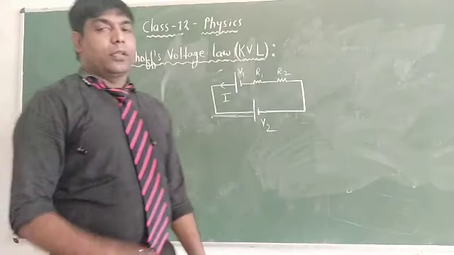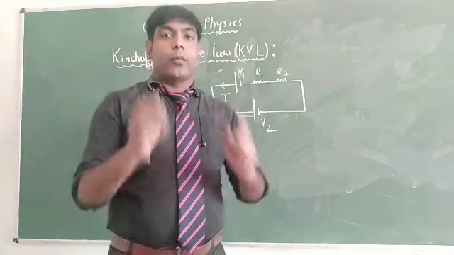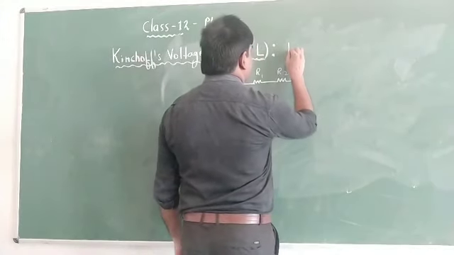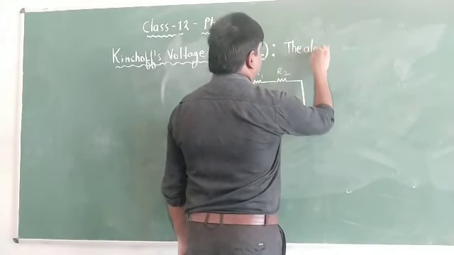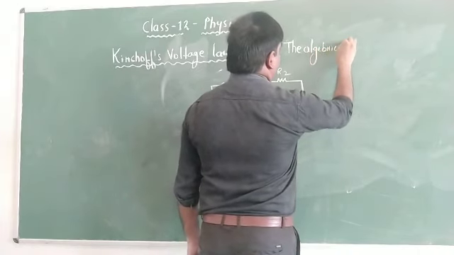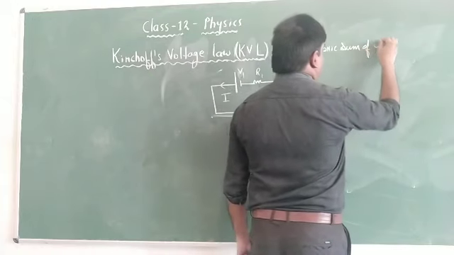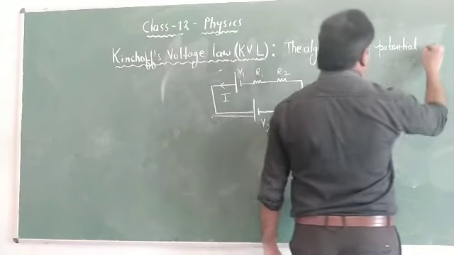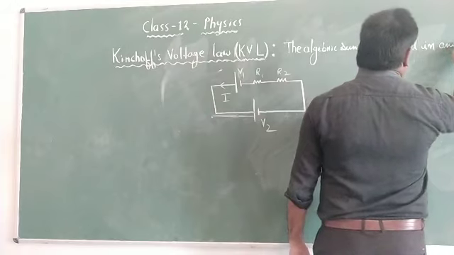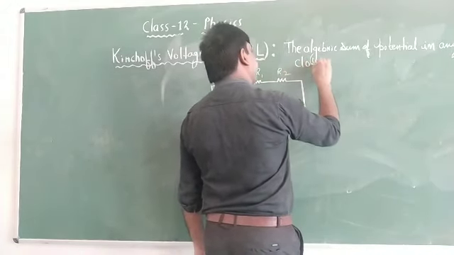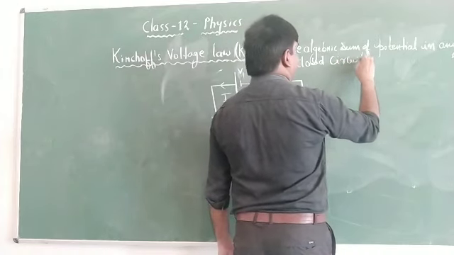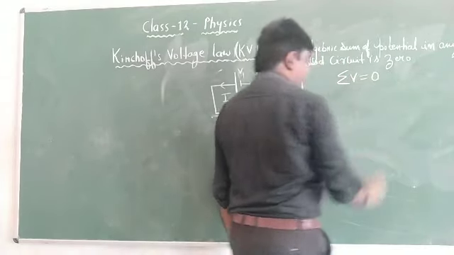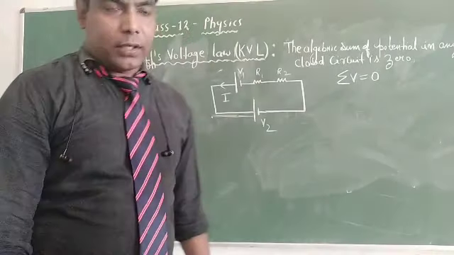So according to this law, it says that the algebraic sum of potential in any closed circuit is equal to 0. That is, the algebraic sum of total potential in any closed circuit is 0.